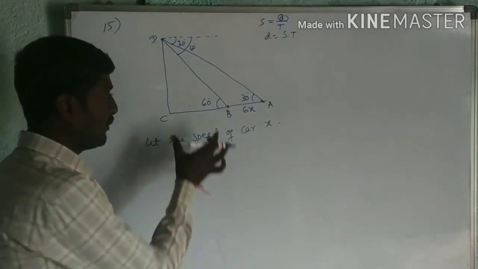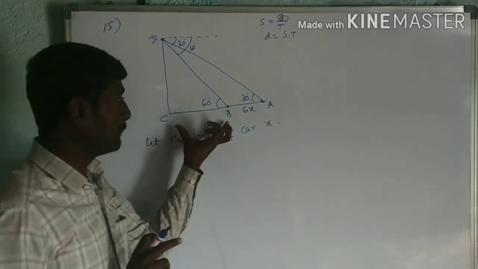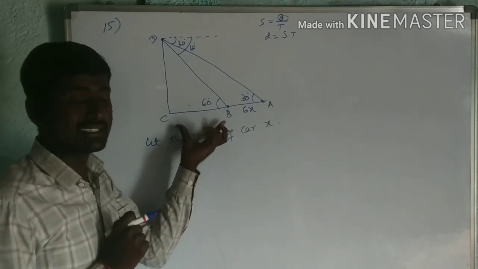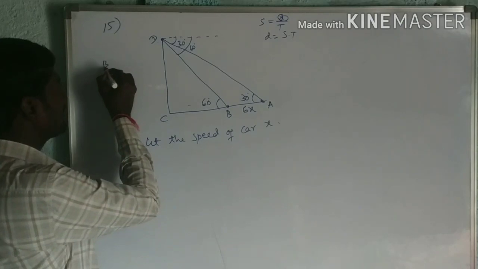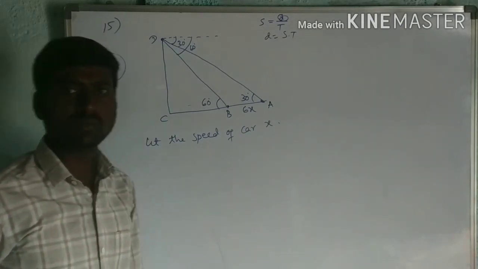Now what do I have to find? I want to find BC divided by x. BC is the distance.